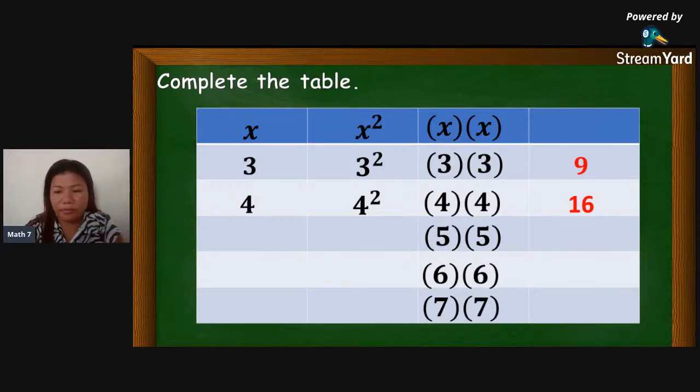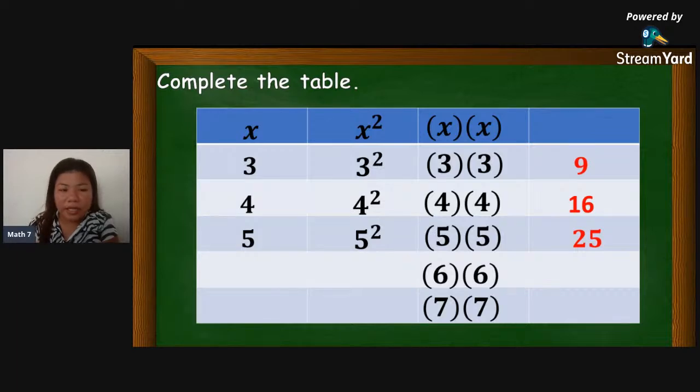Next, we have, what about if we have 5? 5 square means 5 times 5. And that is, what is 5 times 5? 5 times 5 is, correct, that is 25. Okay, very good.